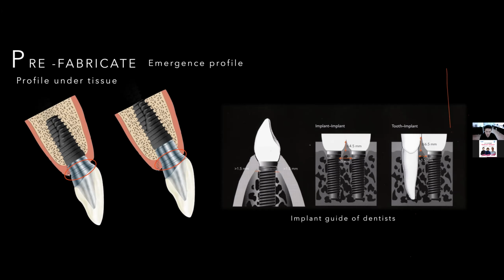So I like to design it a little straight, and convex under the margin, 1 millimeter. I just design the convex 1 to 1 millimeter to push the tissue.